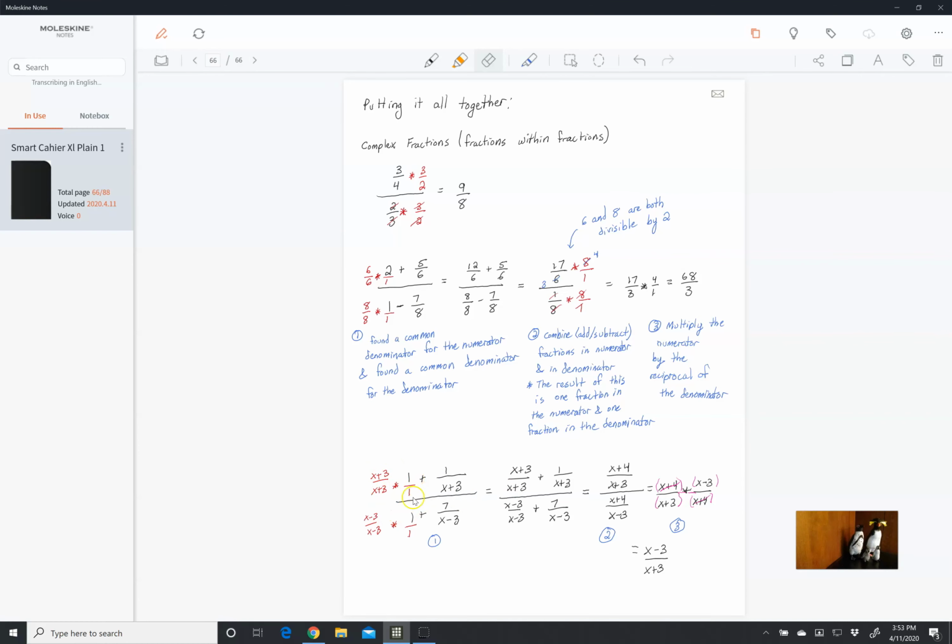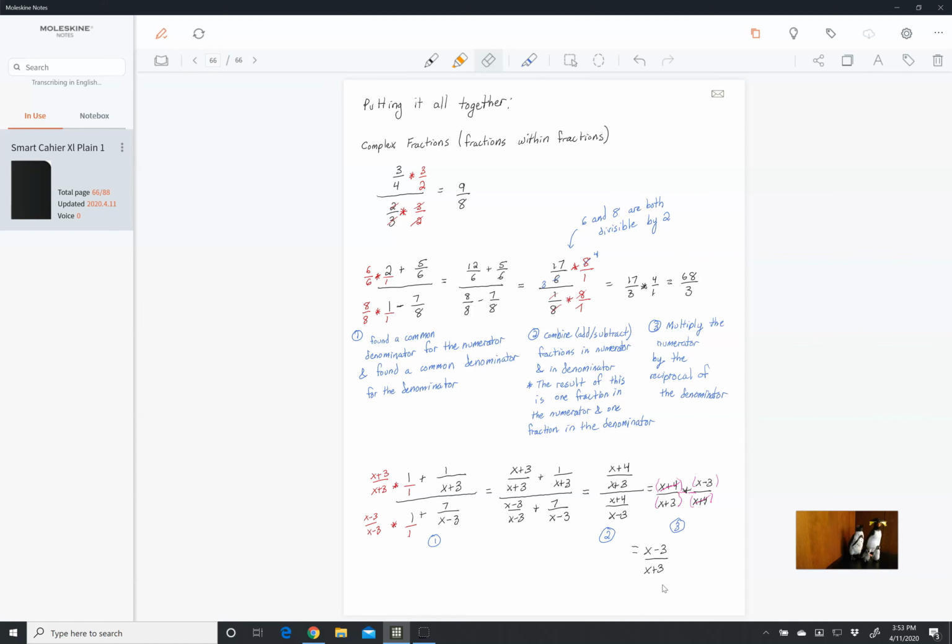So we multiplied the 1 over 1 times x plus 3 over x plus 3. That's how we got this. And then we multiplied 1 over 1 times x minus 3 over x minus 3. And that's how we got this piece right here. So we have our 3 steps, 1, 2, and 3. In step 3, when you multiply, you're simultaneously reducing. So the x plus 4 over x plus 4 canceled. And that's how we got x minus 3 over x plus 3.